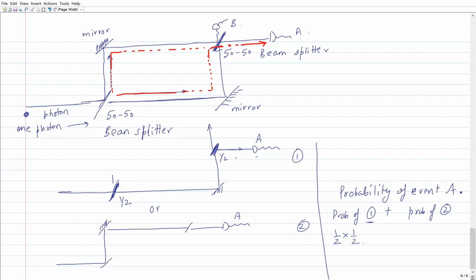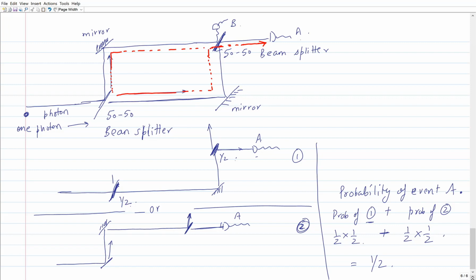So when I have a process that can be broken down, then the probability is going to be this event and this event, they're going to be multiplied. Similarly, for event 2 to occur, I have a half-half probability of going this way, and again a half-half probability of not taking this path but taking this path, which gives me a quarter.